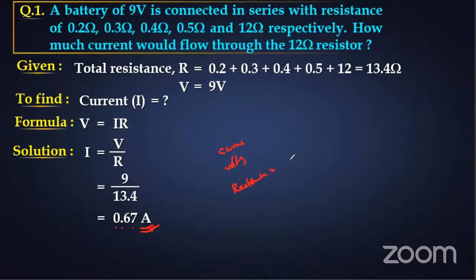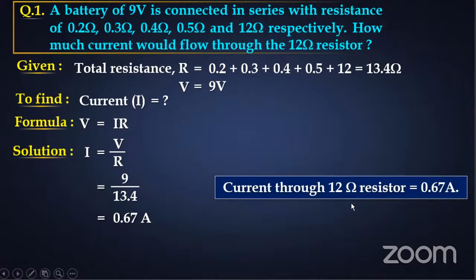Ohms. Volts is V, current is I, measured in amperes, and resistance in ohms. Remember these points, very important. The current through the 12 ohms resistor is 0.67 amps.